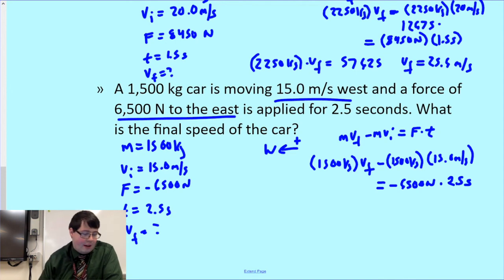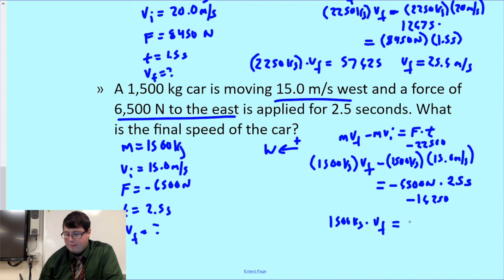If I go ahead and solve those numbers out, for this here I get 22,500. For this one here I get negative 16,250. And so when I go ahead and add that to the other side, I get that 1,500 kilograms times VF is going to equal 6,250. Dividing by the 1,500, VF ends up being 4.17 meters per second.